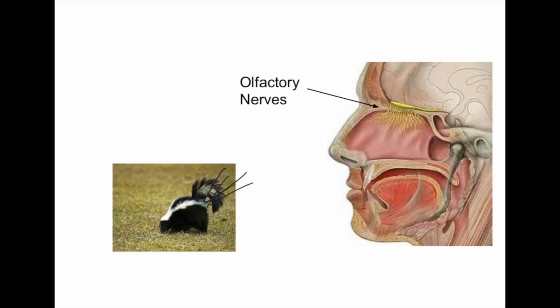And so what's happening is that tiny, tiny little particles, droplets, are dispersing into the air. And every once in a while, if you're driving by where a skunk has sprayed or been hit by a car or something, one of those tiny little particles will move up into your nose as you're inhaling and attach to your olfactory nerves.